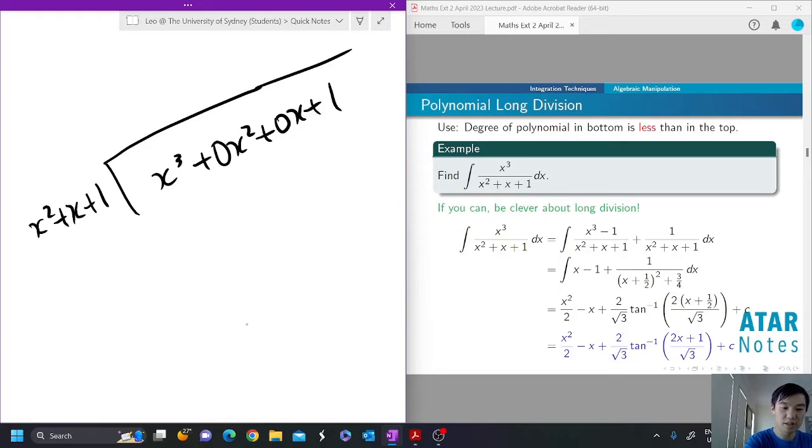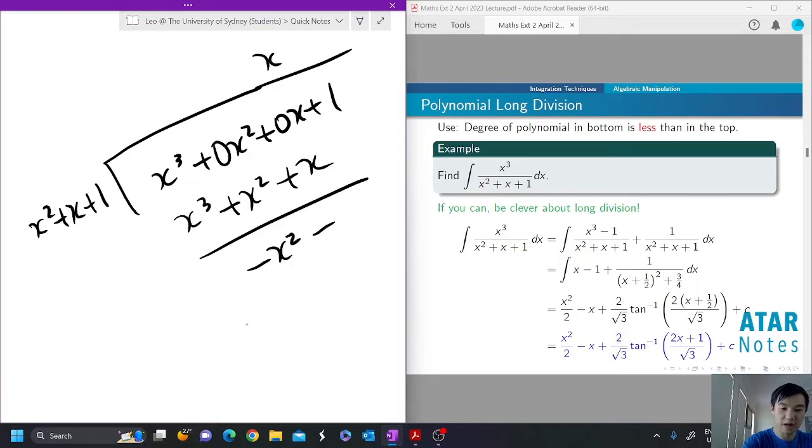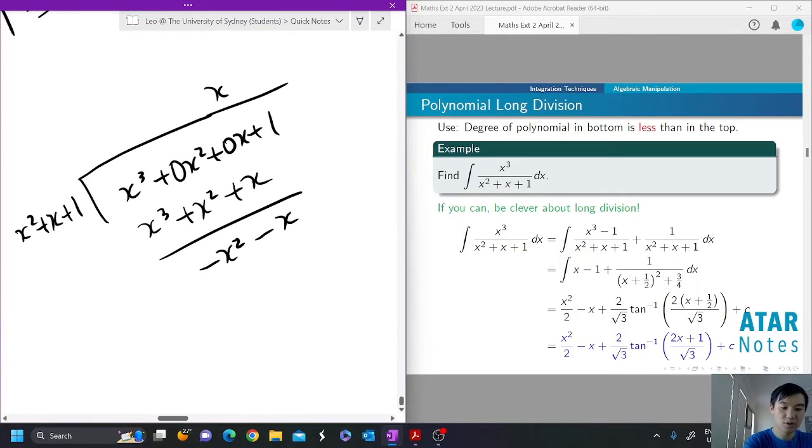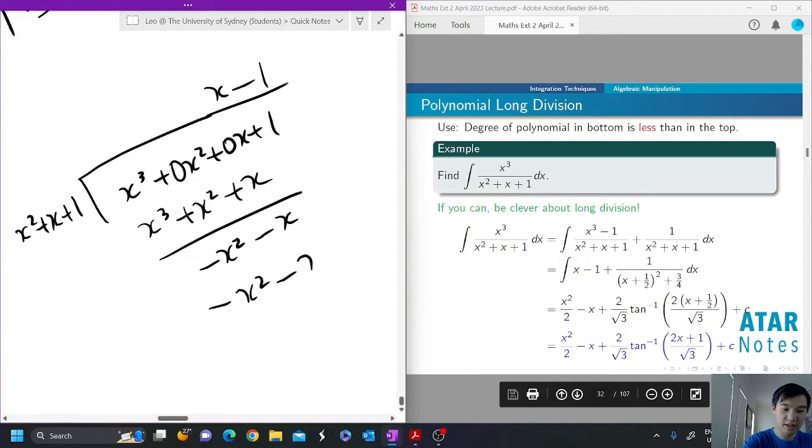So we want to multiply this by x, so we get x cubed plus x squared plus x. It will be minus x squared minus x, so we'll get minus 1.